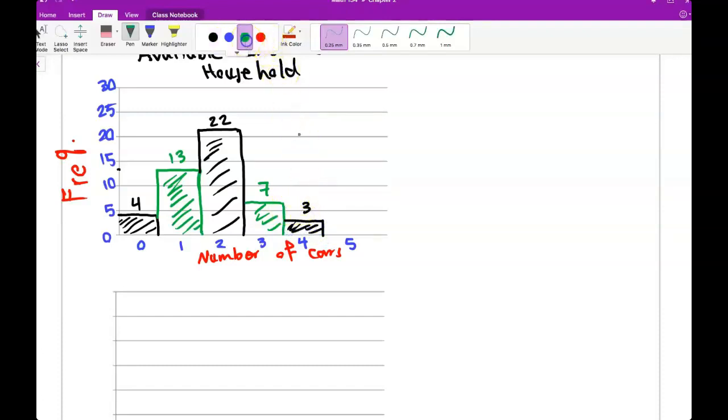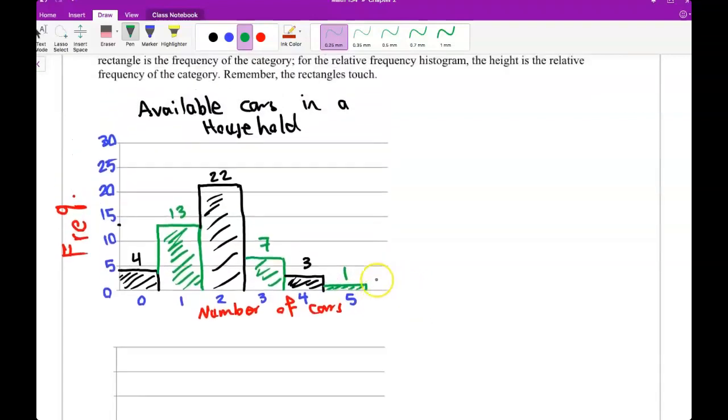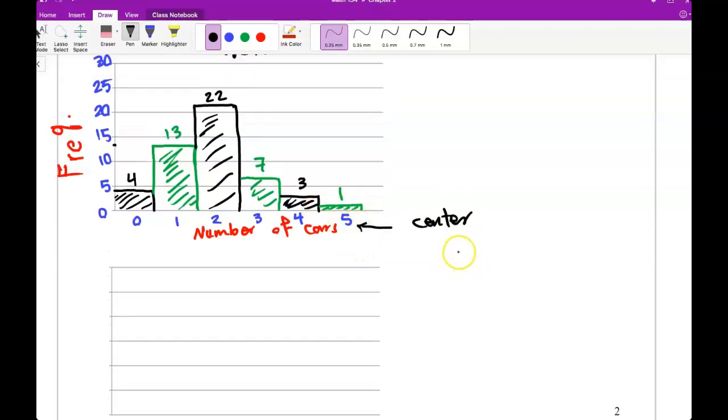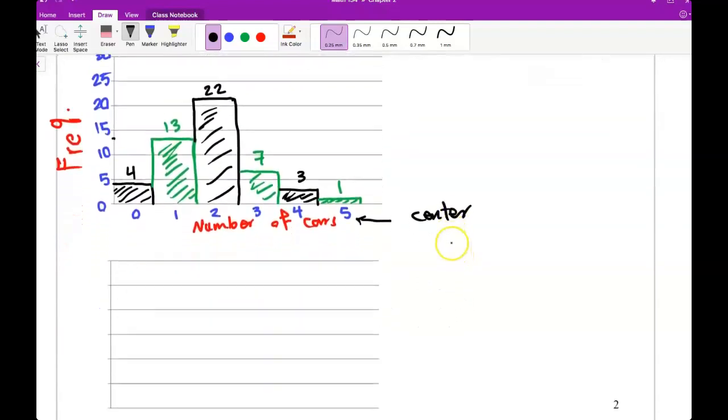And 5 cars is 1. So I want to keep these numbers in center of each rectangle. So this was for a frequency.